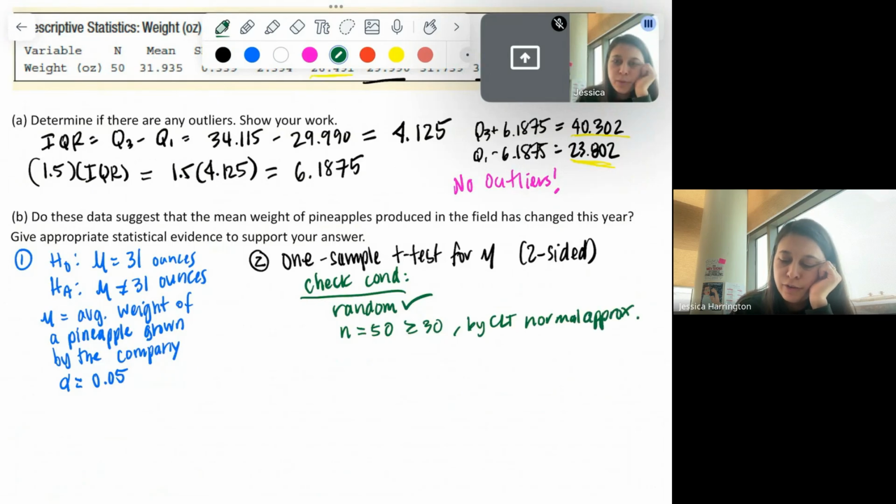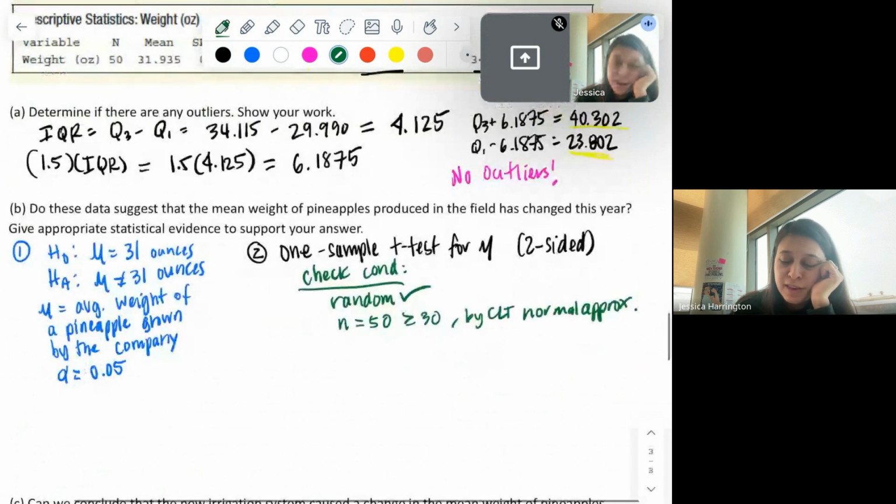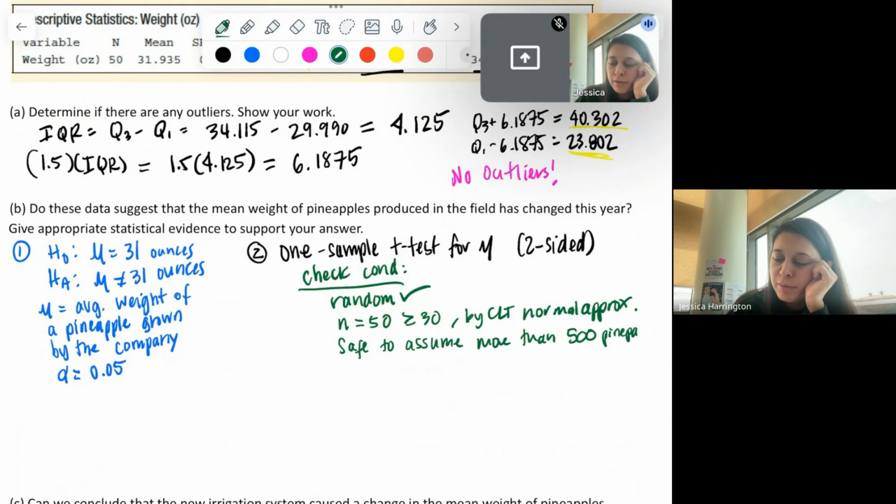And then we need to check for 10%. So we have, how many do we have again? How many pineapples? 50. So it's safe to assume more than 500 pineapples. You could also say 50 pineapples.